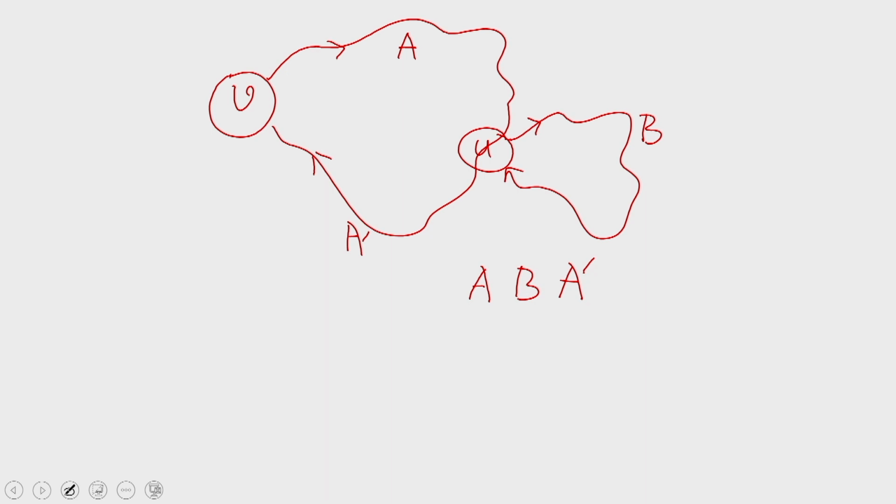Now, this is a walk which will take you from V to V and is an enhancement of the original walk. So, we are enhancing A A prime to A B A prime. So, we have found a larger walk from V to V. If there are still remaining edges in the graph, there must be some vertex in this walk from which we can again repeat the process.